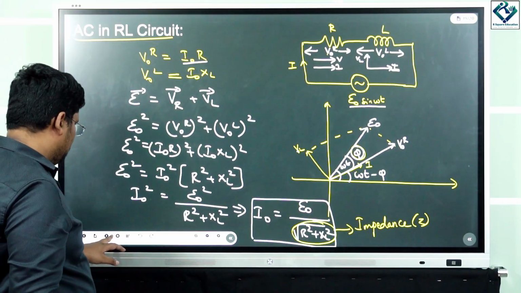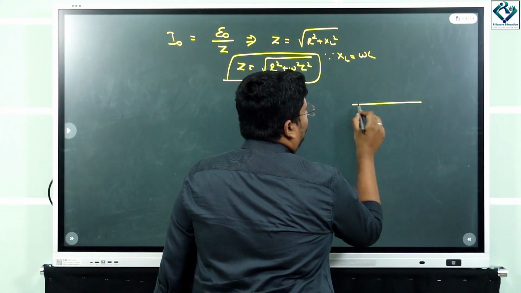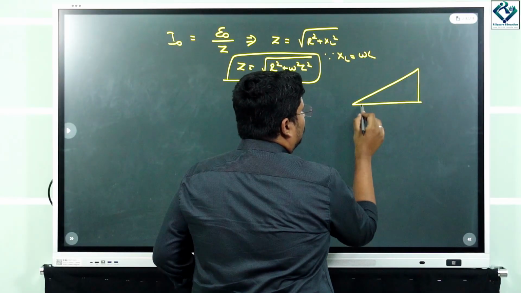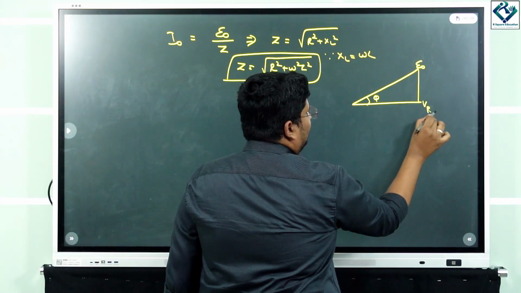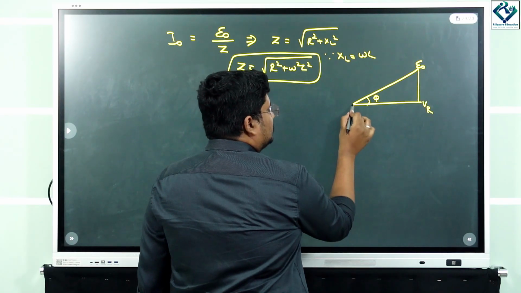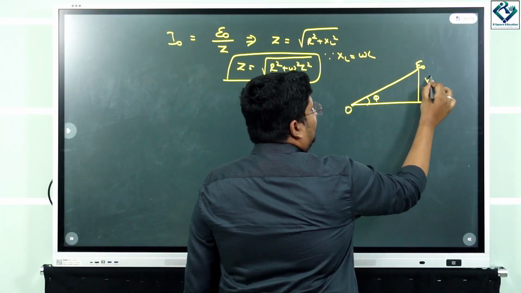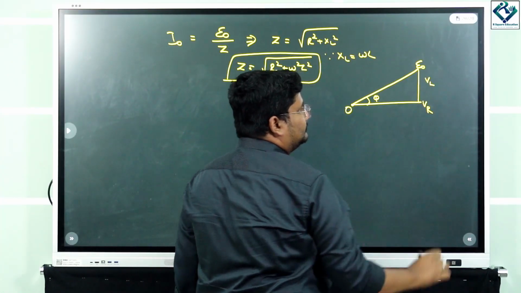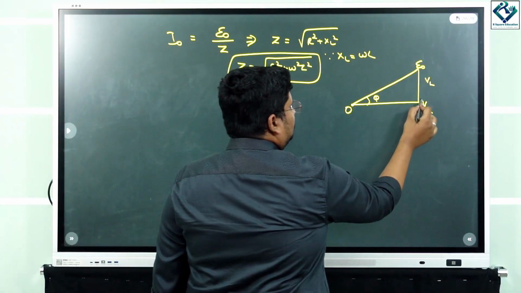Since it is a right angle triangle, you can redraw that particular part alone as phi, E naught, and this is going to be VR, correct? And this is going to be the origin. Okay, and this is going to be VL. Yes, correct or not?